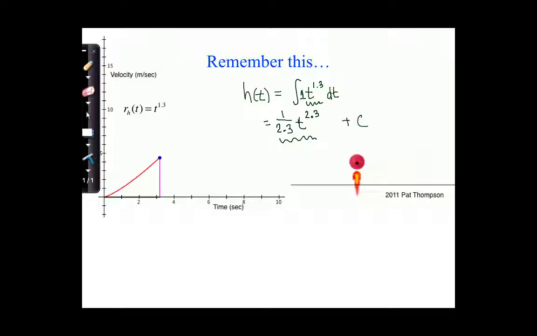I could have other things, and all this describes right here is a family of functions. The height function would be something like this.